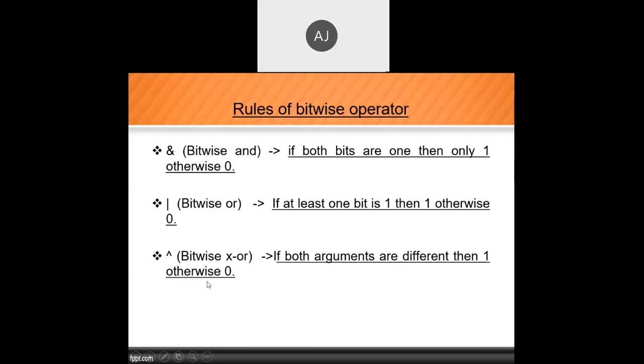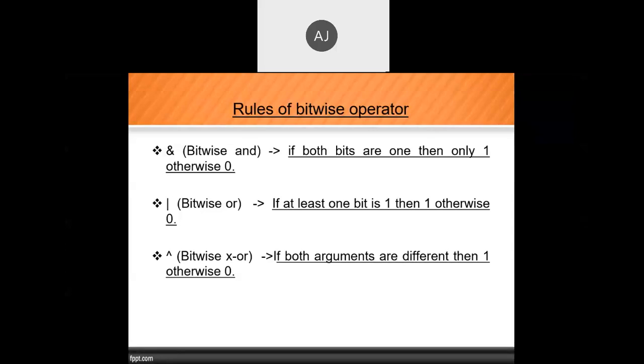And after that, bitwise XOR, which was a very tricky option. In that section, we are using an XOR operation. Just if both arguments are different. Arguments means inputs. If both inputs are crossed, I already discussed that, the cross bit. So if both arguments are different, then one, otherwise zero.